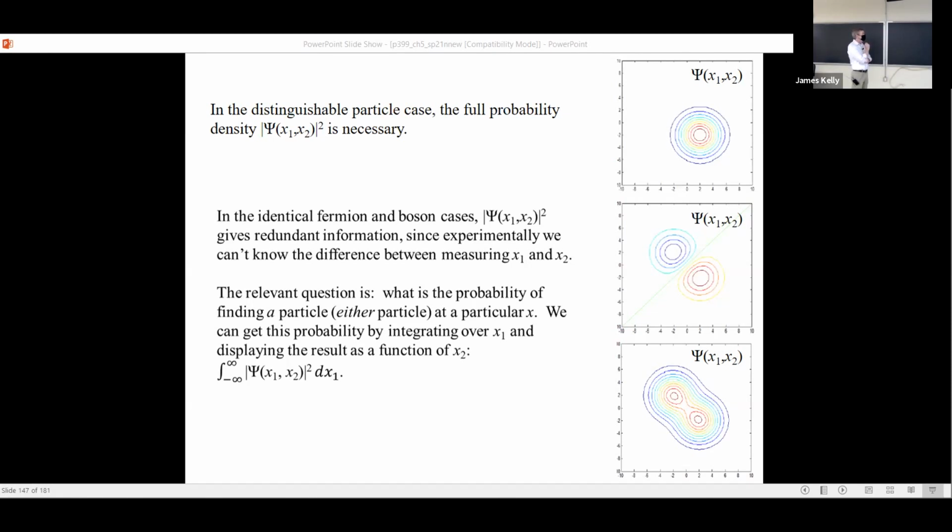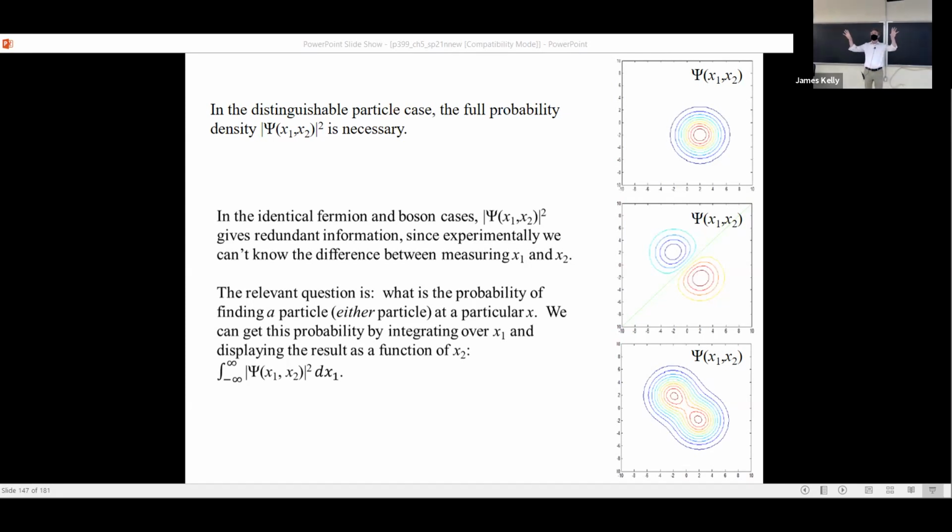So it's the probability density as a function of x if I measure the position of a particle, and I don't care which one is which. I have no way of knowing which one is which for bosons or fermions. In this case, there's hardly any overlap. And notice it agrees with what we said before, that the probability density doesn't really make a difference whether they're distinguishable particles or identical bosons, which is on the left, or identical fermions, which is on the right.